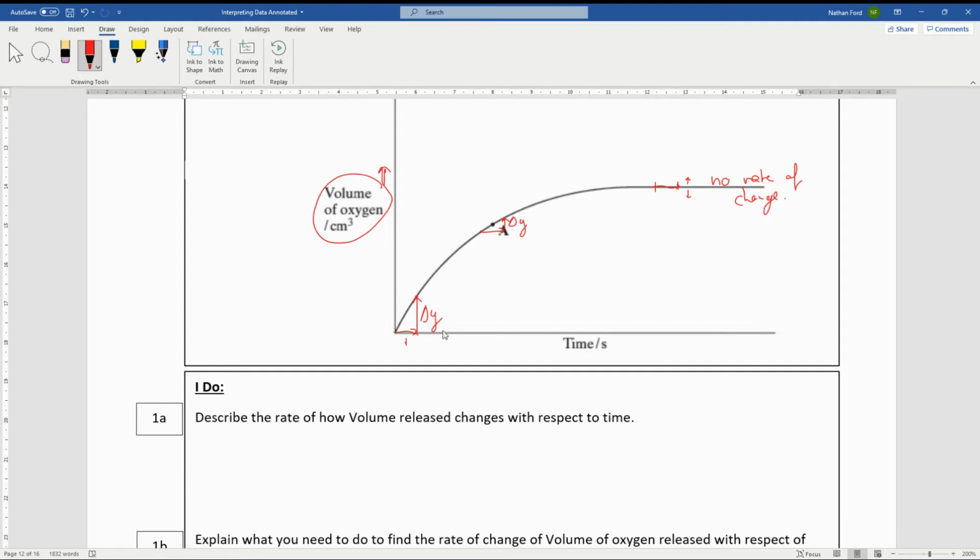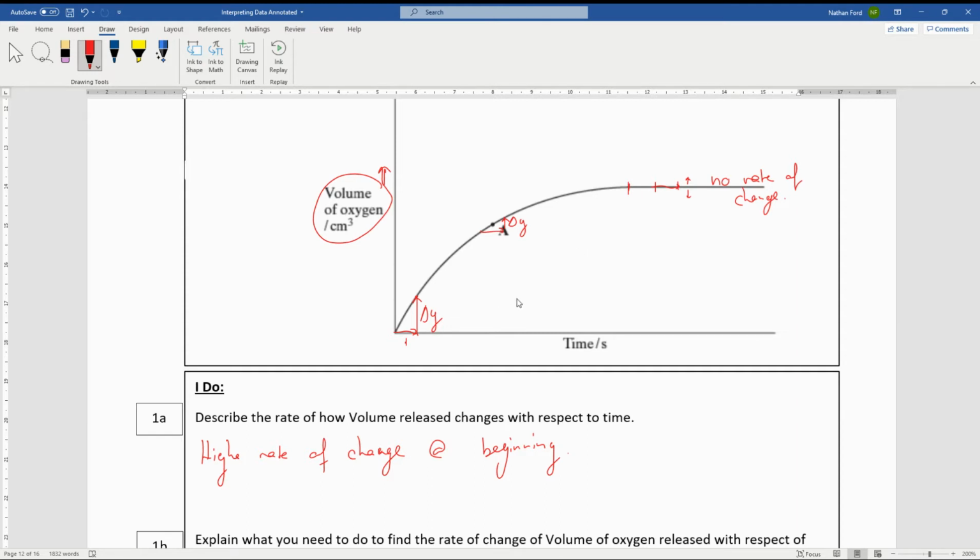Okay, so what we would say here is we have a high rate of change at the start, at the beginning, which decreases in time because it's decreasing here until, okay, so at A it's actually decreased a little bit, so it decreases over time until there is no rate of change.